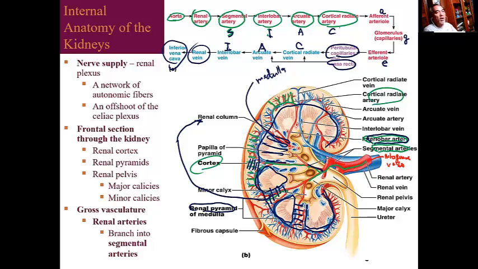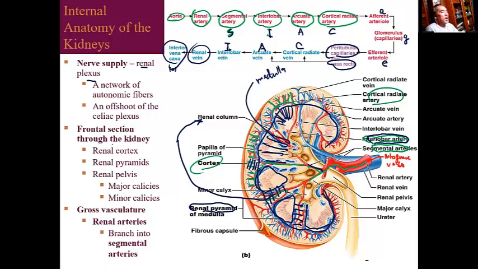So these are now microscopic structures. We're going to be looking at them, okay, and then associate them with the tubules called the renal tubules that you see that are located in the pyramids. Okay, so nerve supply, we call it the renal plexus. Nerves also follow the arteries and the veins.